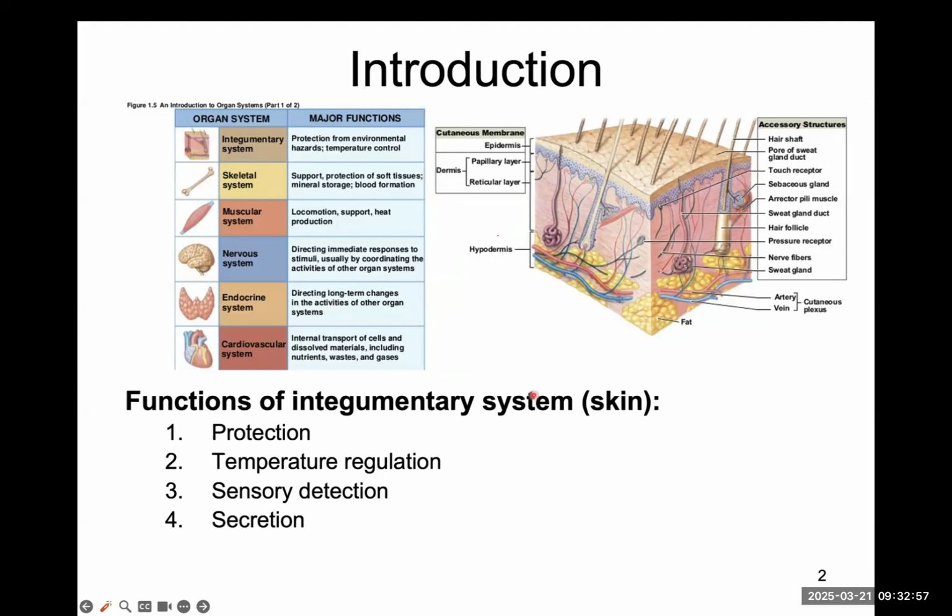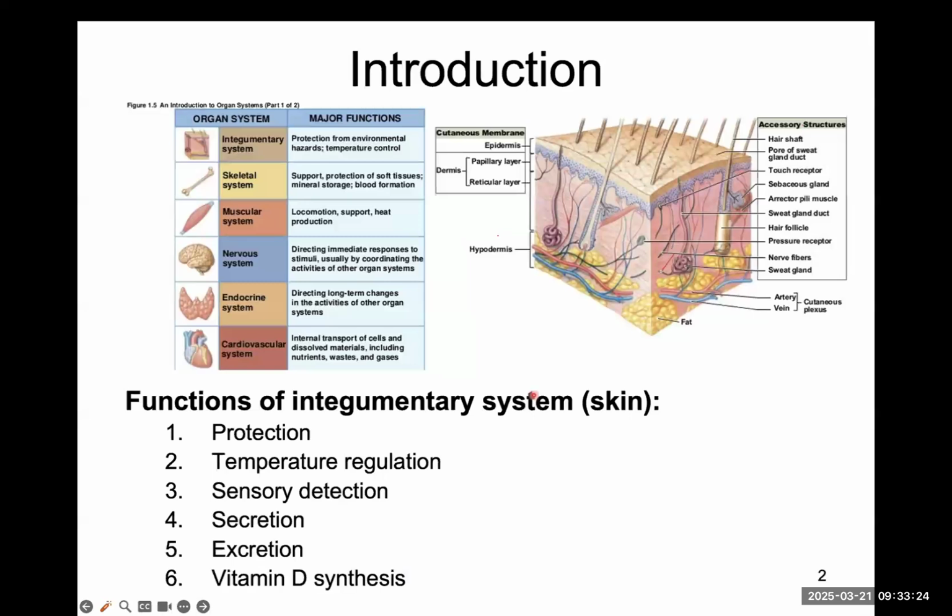And then there's secretion. So that's related to sweating, also making oils. So here you've got glands that release sweat for cooling down and the oils that help you to prevent from drying out. So that's going to be secretion. Sometimes people have oily face and that's the oil being secreted.